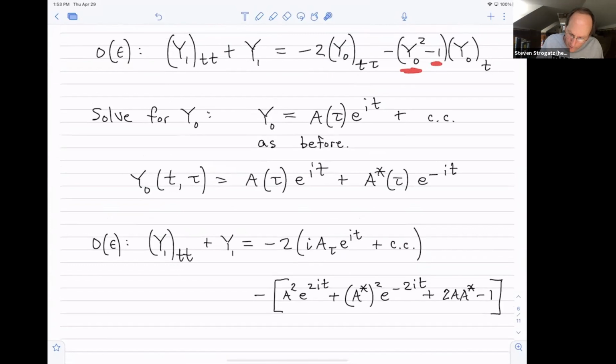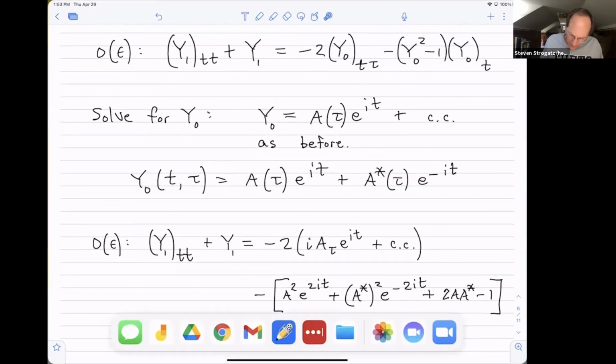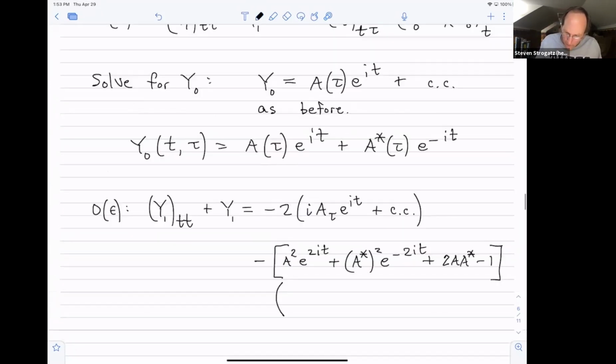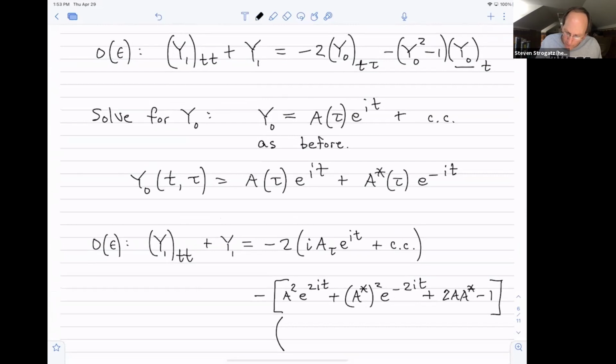So I've just done y0 squared minus 1. And then that whole thing is times the term that Maria wants me to write out completely, which I will now write out, which is y0 sub t.